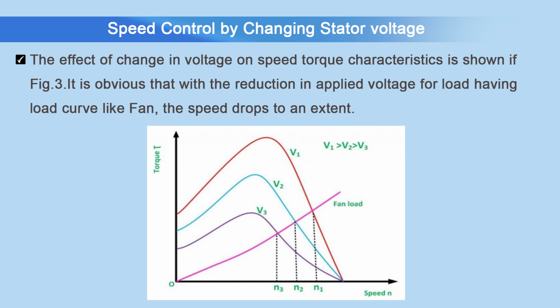If the voltage is reduced, now the motor will start running at speed N2, and with applied voltage V3, N3 is the speed of the rotor. So by changing the voltage, we can obtain speed control of induction motor.